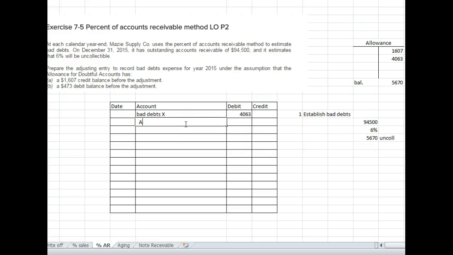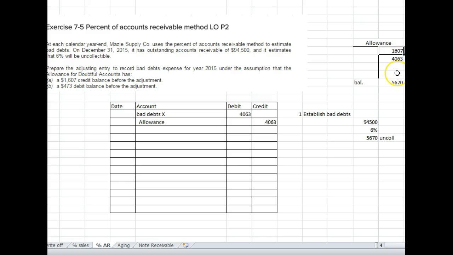And this would be a credit. And then the rest of it, if we wrote somebody off and then had to put them back in because they paid, would be just the same as the percent of sales. So this is if you had a balance of 1,607 as a credit.